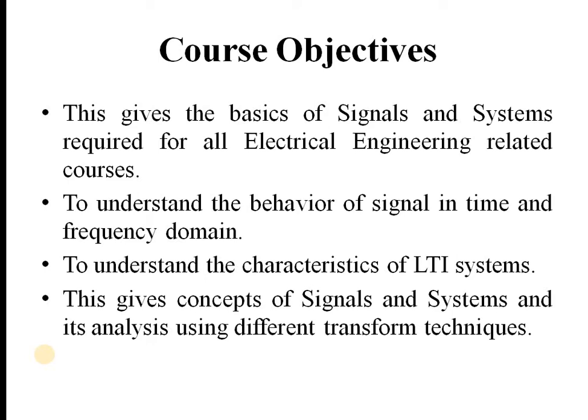As we have seen, units 2 and 4 help us in establishing the relationships with respect to transformations like Fourier series, Fourier transforms, Laplace and Z transforms. And by studying unit 3 we try to understand the characteristics of the most practical systems called LTI systems. Overall, it gives us the concepts of signals and systems and their analysis using different transformation techniques. This is what we intend to study in this course.